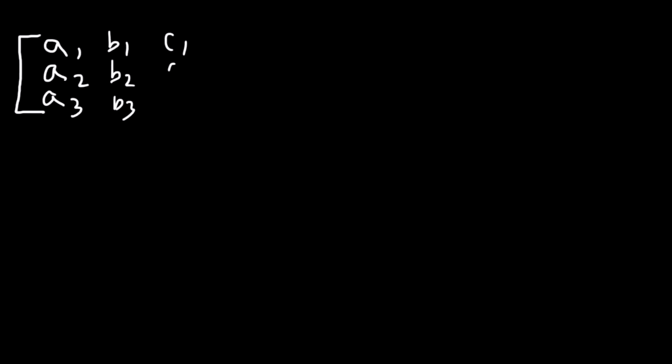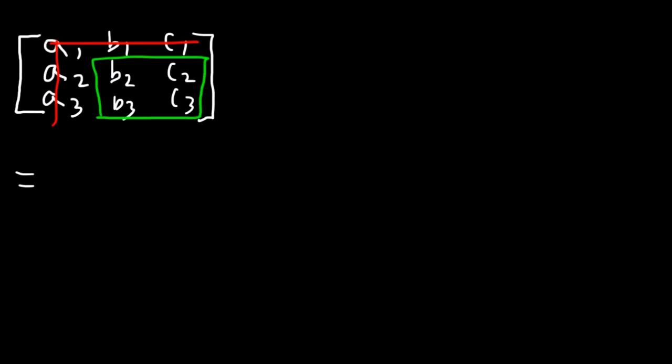Now what about a 3x3 matrix? So let's say this is A1, A2, A3, and then B1, B2, B3, C1, C2, C3. So let's go over the formula first. The first thing you want to do is get rid of the first row and the first column. And notice what you have left over.